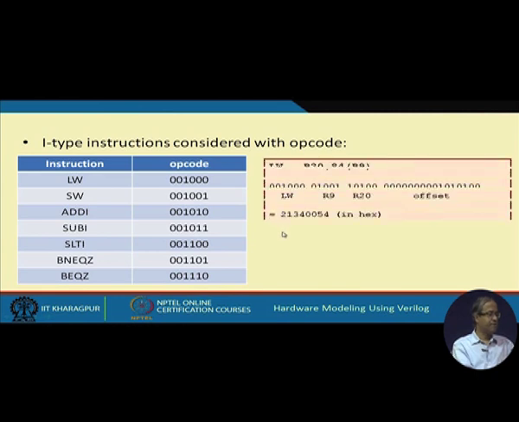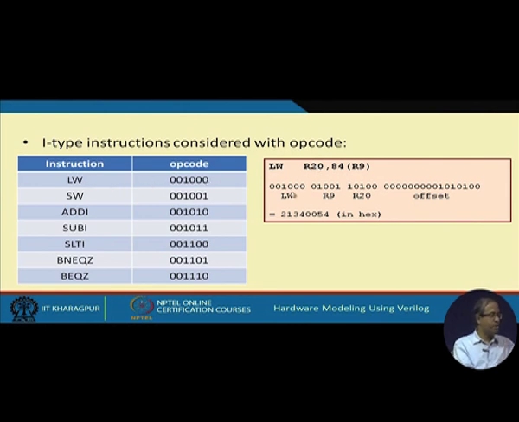Okay. Now, some example encoding, take a load instruction. So, I said earlier that a load instruction looks like this. R9 is added to 84, that will be our memory address, from there data will be loaded into R20.